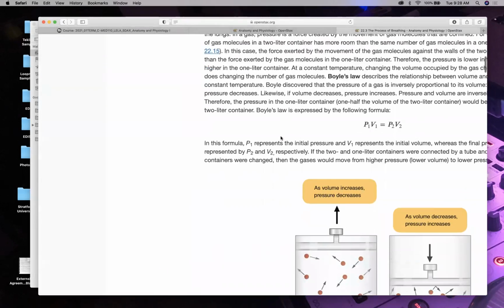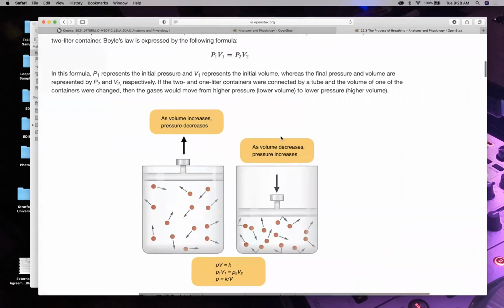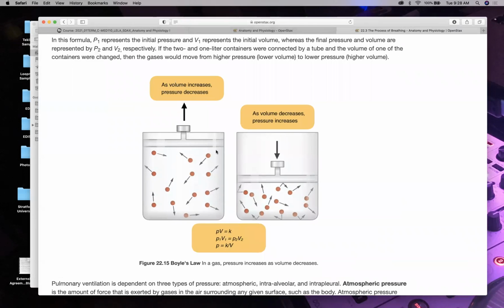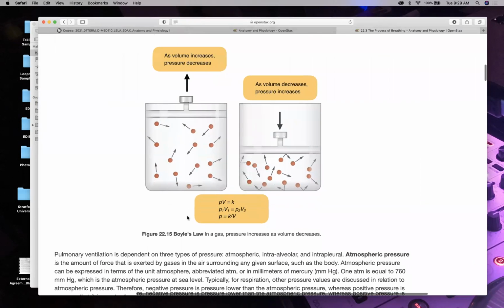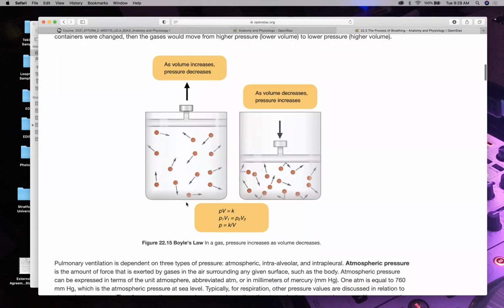So how do we breathe? Well, we breathe because of pressures. And what we know from Boyle's law, that means if you increase the volume, right, the pressure decreases. It makes sense. You have all these air molecules, they're bouncing around. If I give them more room to bounce around, everything gets more relaxed, right?